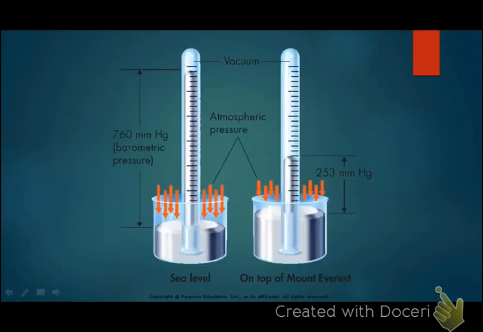Now, this is an example of a barometer. At sea level, you see that there's more pressure pushing down on the mercury here. Because we have more pressure on the mercury, we have a higher column here. But with less pressure, it's a little bit shorter.